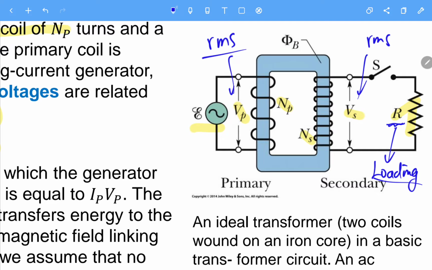The transformer will try to convert the power from here to there, depending on the so-called turn ratio. The turn ratio can be either Ns over Np or the reciprocal of it, Np over Ns.